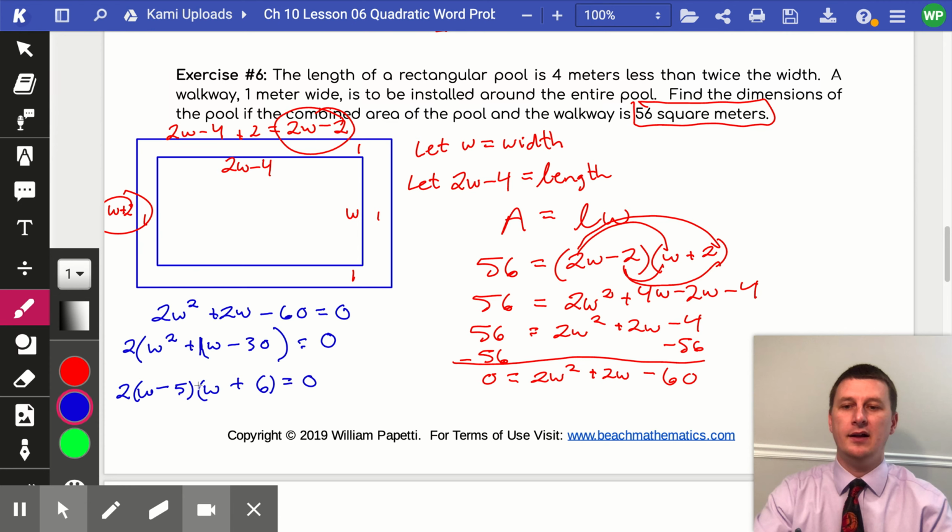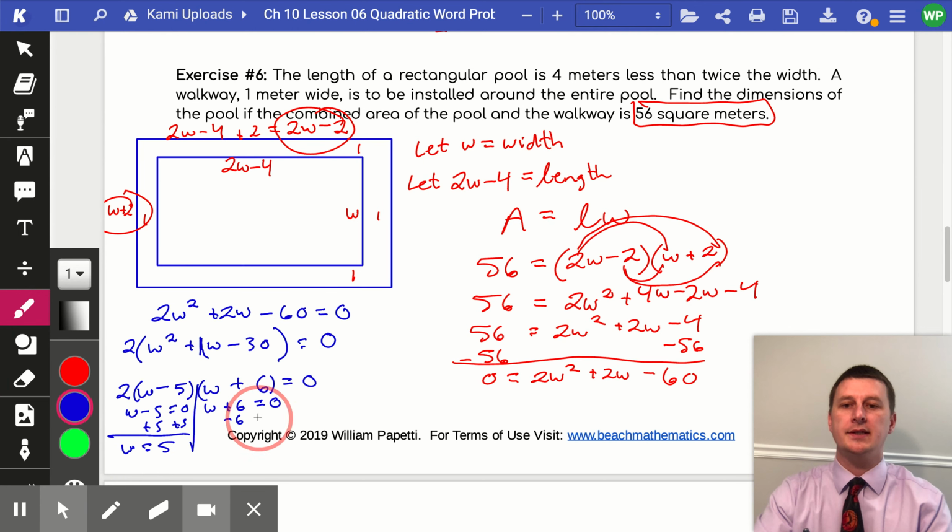When we solve by factoring, we set each factor equal to 0. The 2 does not affect each factor, so we're not going to set the 2 equal to 0, just the w minus 5 and the w plus 6. Solving over here, we add 5 and get that the width is 5.